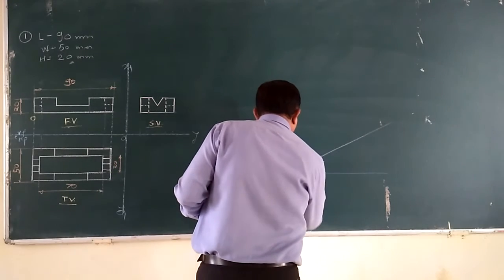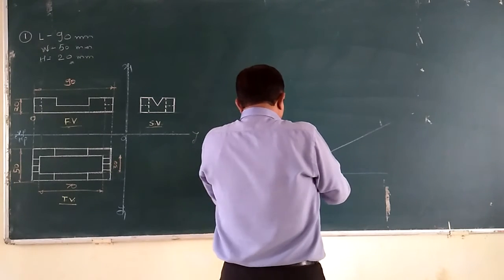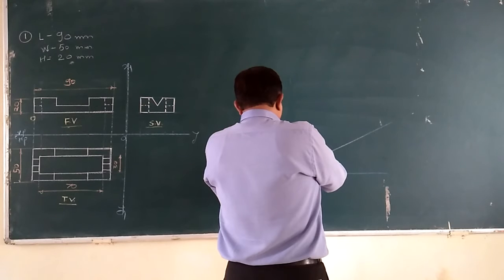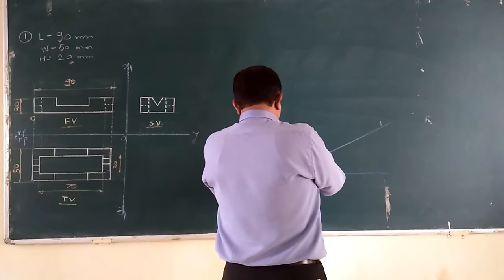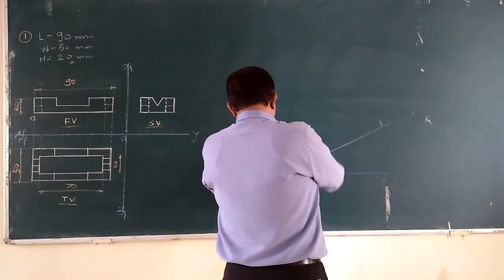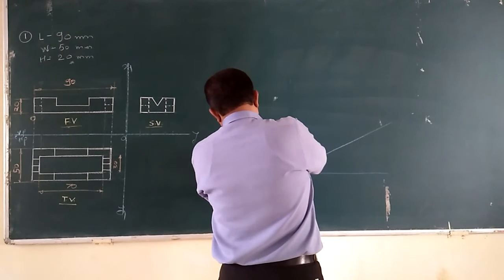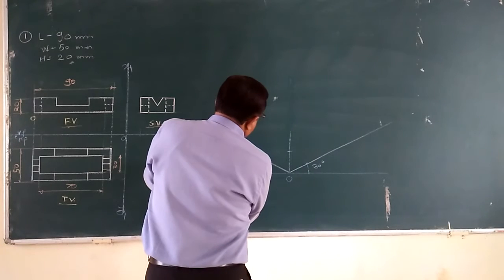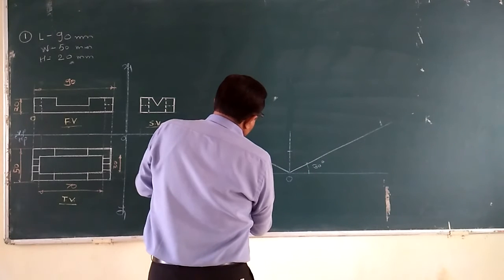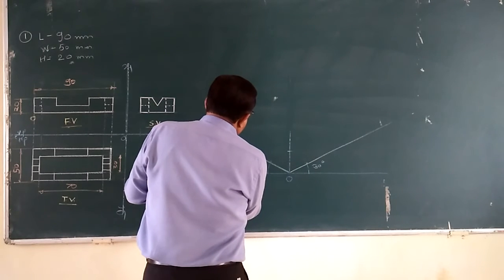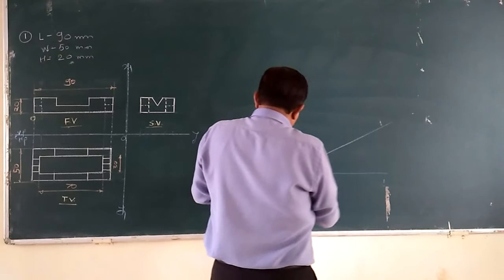So that short line of 20 mm I will construct here. 20 mm is its height, and this is its width.